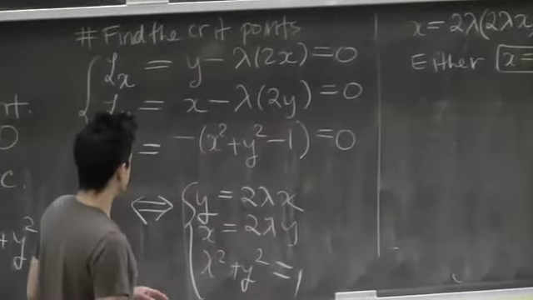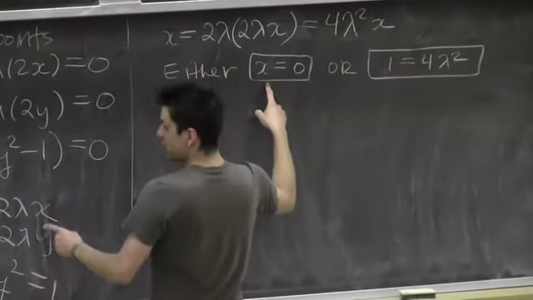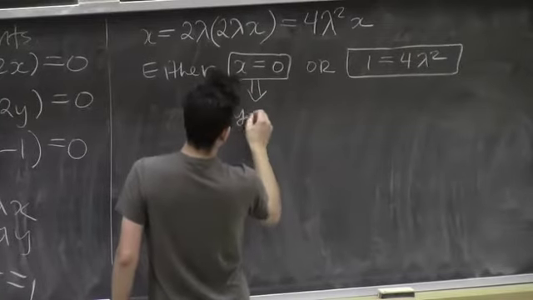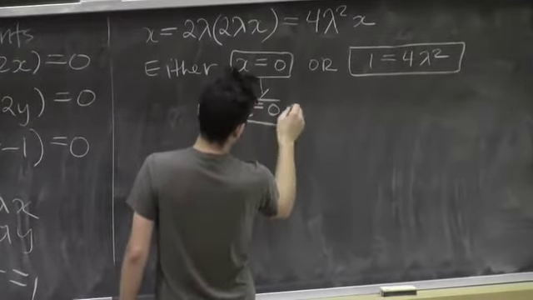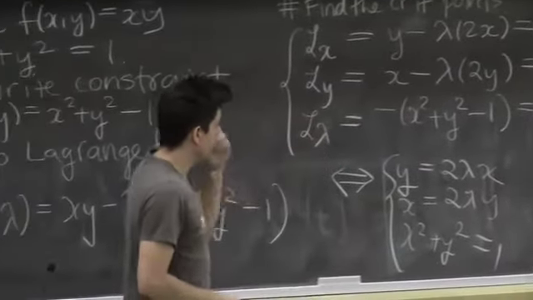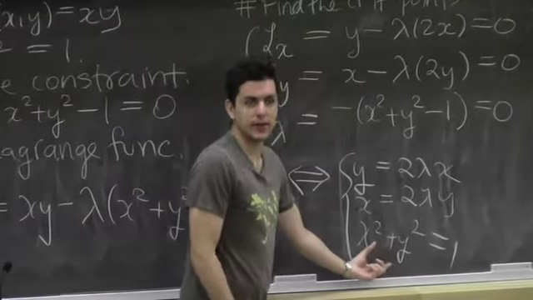If x is 0, well, that tells us immediately that y is 0. But if both of these are 0, they can't square and add up to 1.